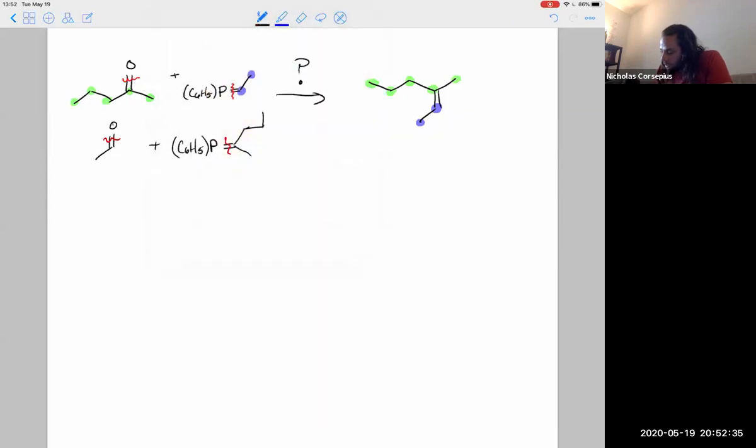However, this would be way, way, way slower because of the large functional group on that phosphorus. So when you design these reactions, you're going to put whatever the smaller end of your alkene is on your phosphorus. They're really great at creating terminal alkenes.